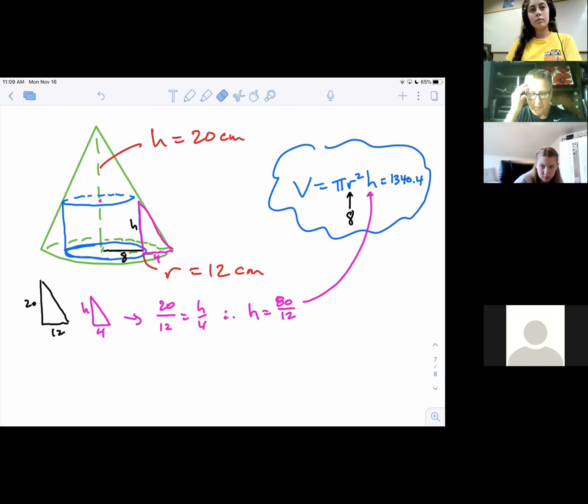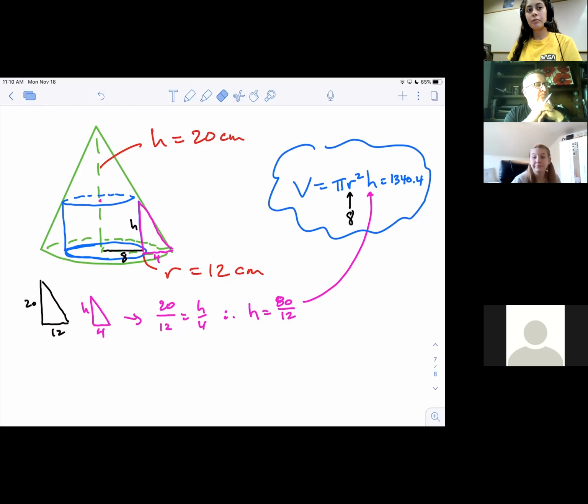Oh, so I made the right triangle thing. And then the length of the bottom is also 12 minus x. And then you can substitute a bunch, and then you can plug it all into the cylinder equation, because we don't actually care about the cone's volume. We only want the cylinder.